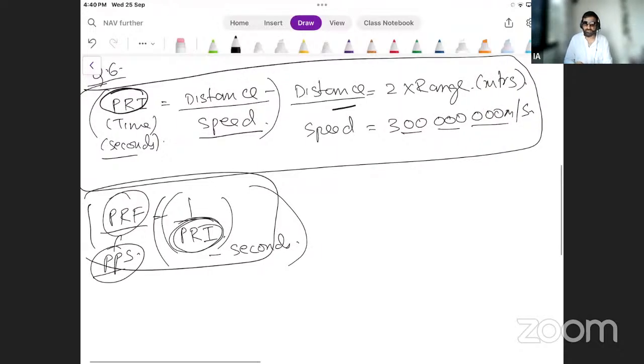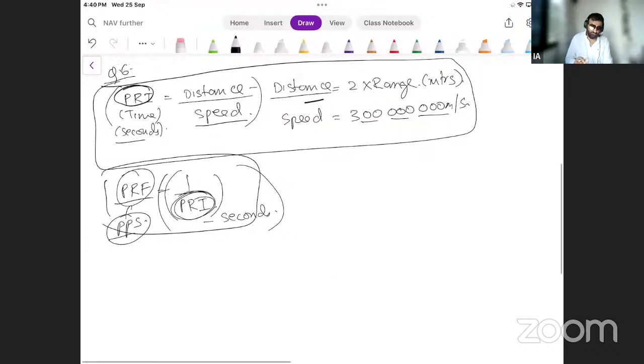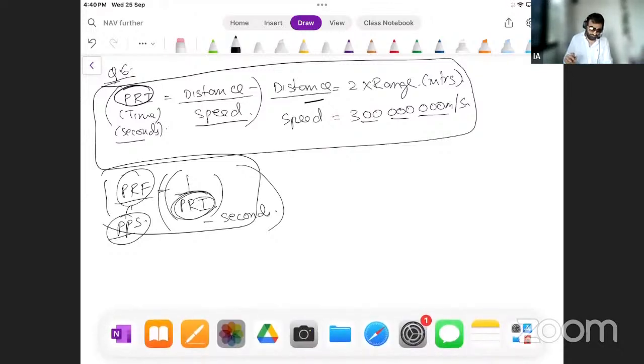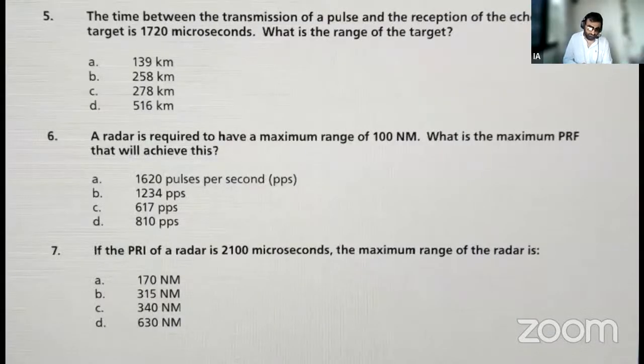If you're directly getting seconds, then you can directly make it in seconds also. So let's solve. Question number 6: range is 100 nautical miles.